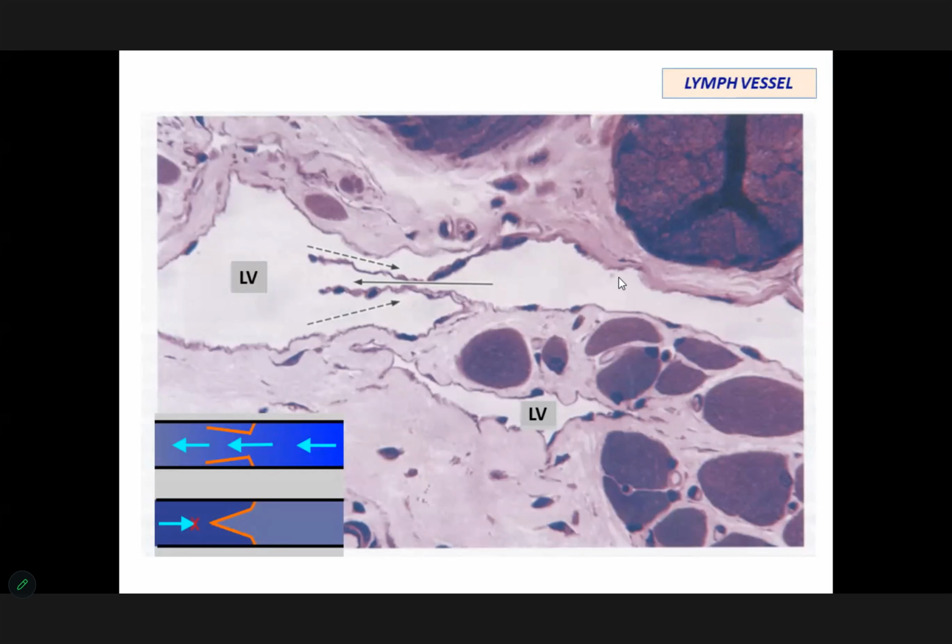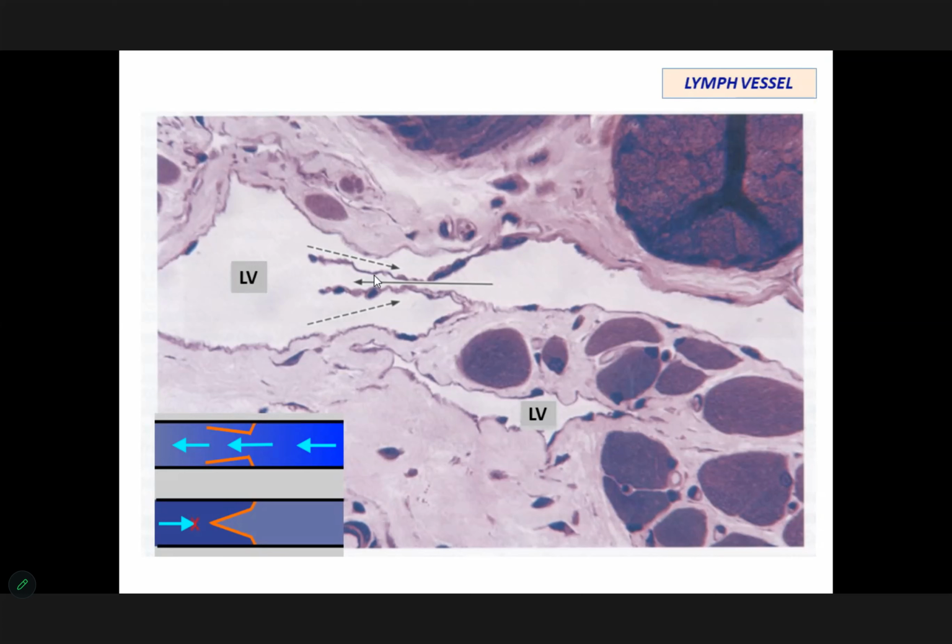It has only endothelial cells and some amount of underlying loose connective tissue. Actually, it will be the subendothelial layer with no tunica media, so loose connective tissue of subendothelial layer is continuous with loose connective tissue of adventitia. So this is the wall of the lymphatic vessel.